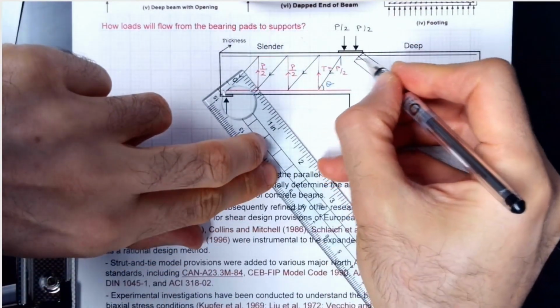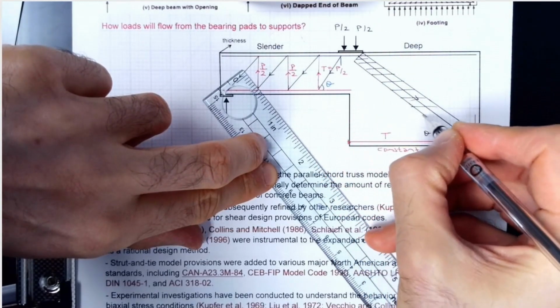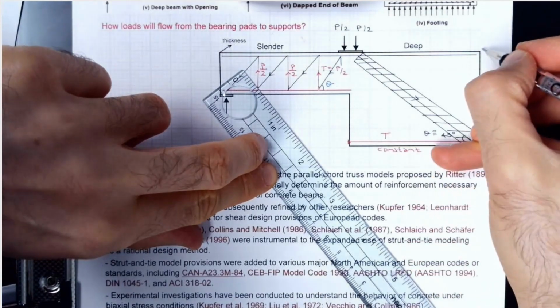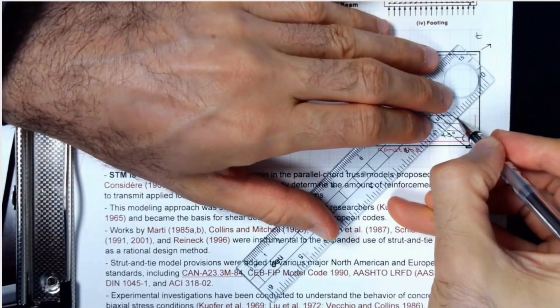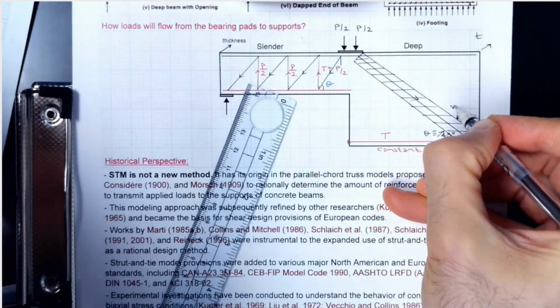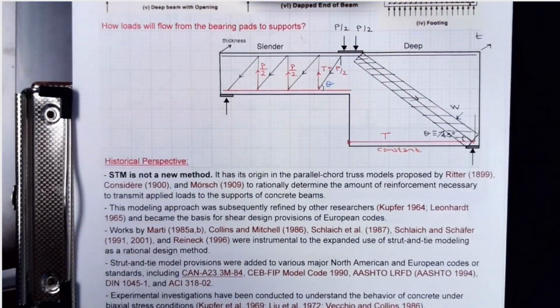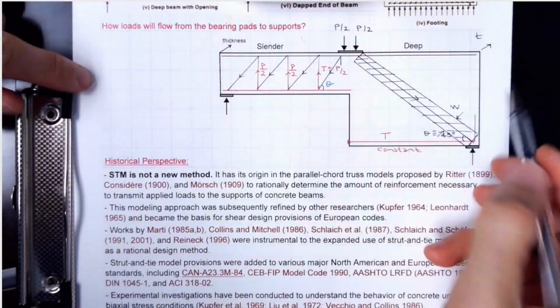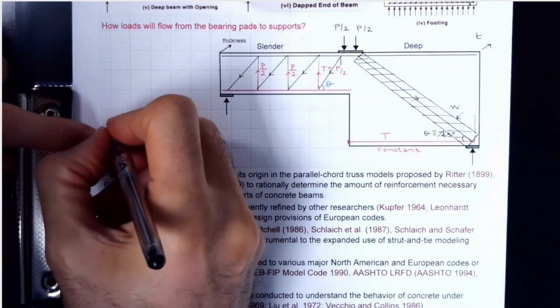So this is your strut. And beam has thickness, that's going to be T, and this is your strut width. So this is W, strut width. And let's assume we are living in 1910, a long time ago, and we wanna design this strut capacity.